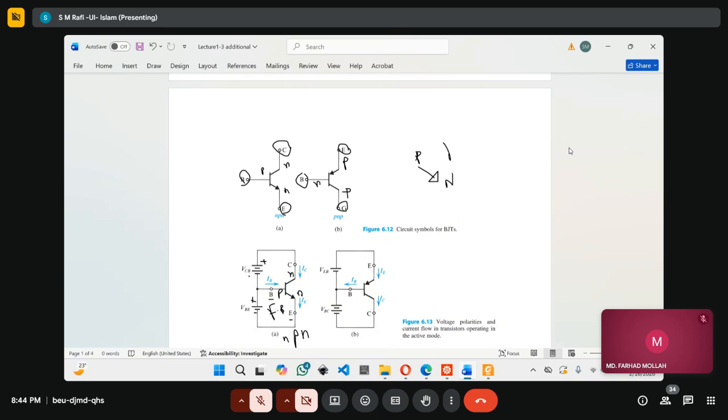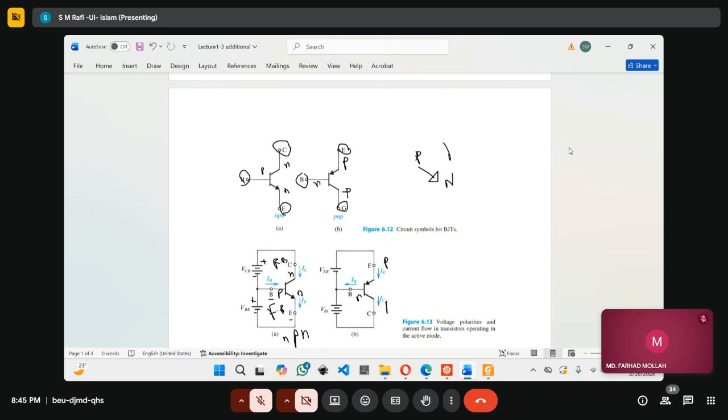It means this voltage is being applied between the collector and base. So this positive terminal is connected to the N type side, and this negative terminal is connected to the P type side. So basically, this is in reverse bias condition. The same logic applies for the PNP transistor. So this is basically a PNP transistor.